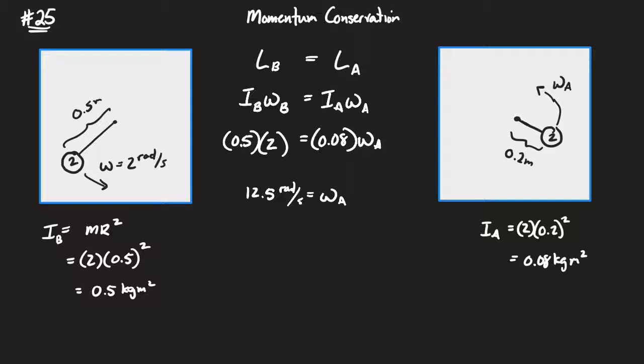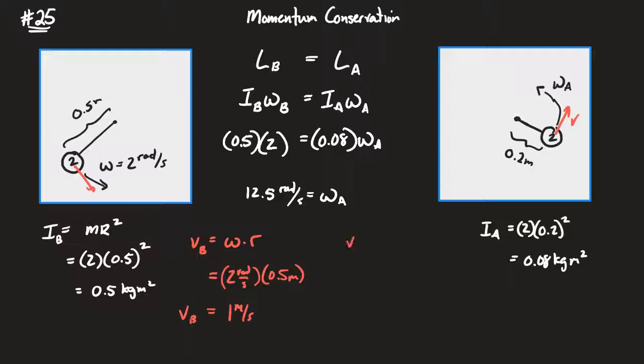Now, your question goes on to ask about the linear speed of the objects, which we could find real quick. Since we have the 2 angular speeds, the linear speed before is the angular speed times the radius, or 2 radians per second times 0.5 meters. So that's 1 meter per second for our linear speed before.